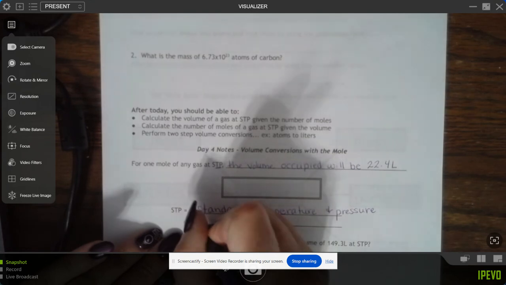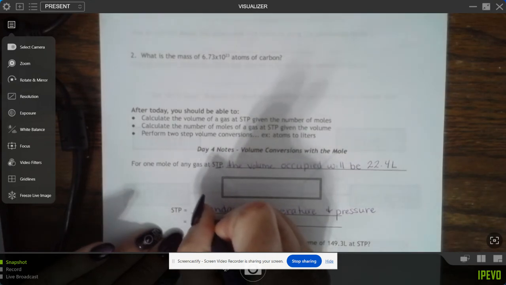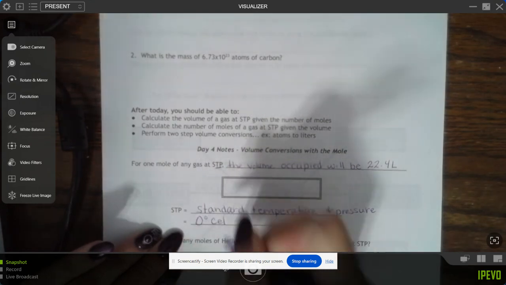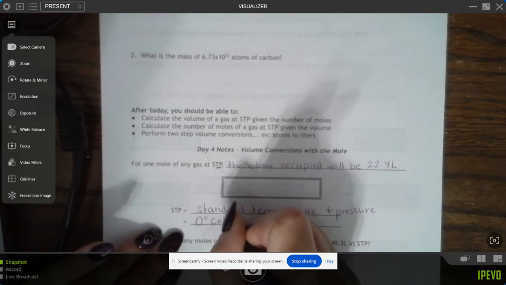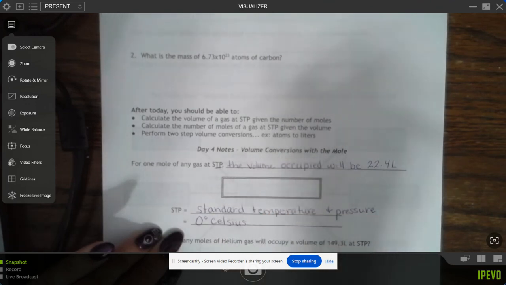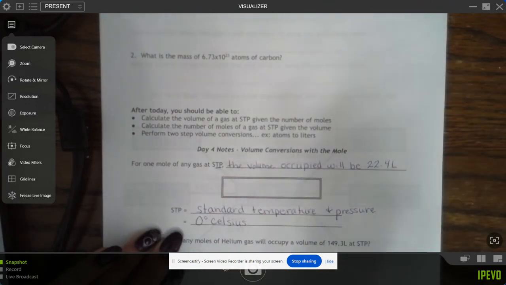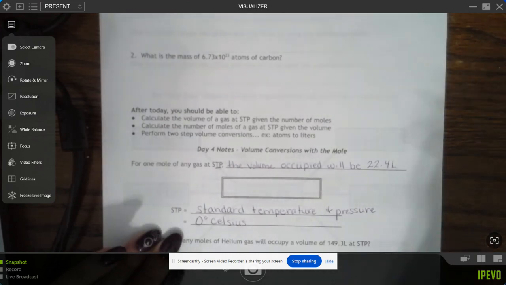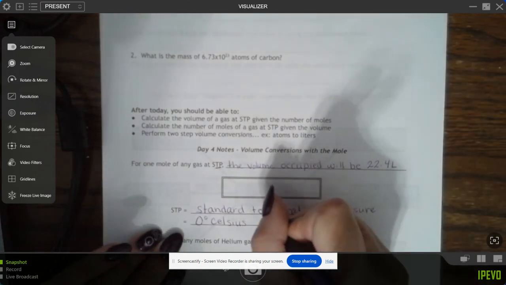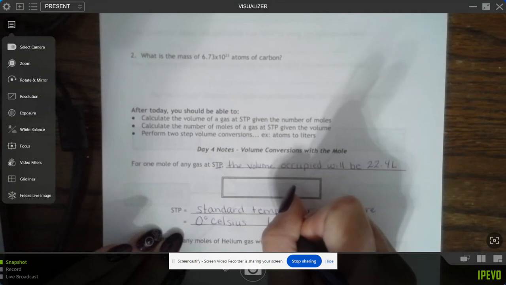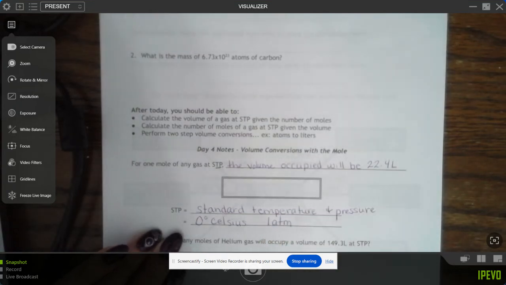And that set of conditions is going to be 0 degrees Celsius. So standard temperature is 0 degrees Celsius, and standard pressure is 1 atm, which is 1 atmosphere. So whenever you see those letters STP, that means standard temperature and pressure.